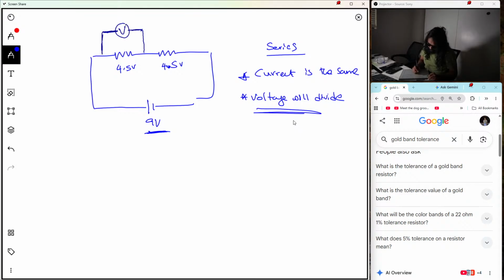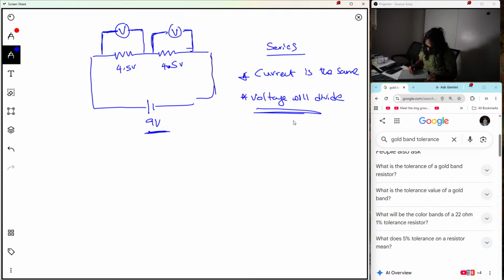Voltmeter is always connected in parallel to the component, okay? Something like this. You cannot put a voltmeter in series, right? That is wrong. So instead of doing this one, if you put a voltmeter somewhere here, makes no sense, right?